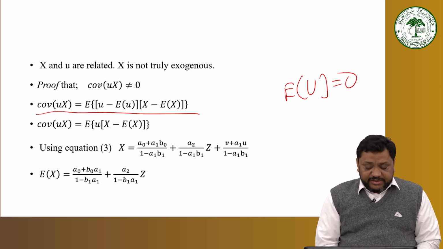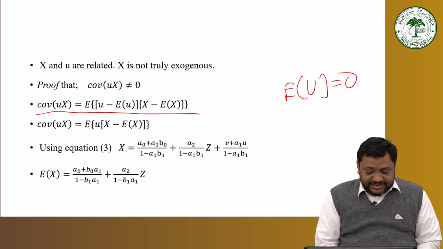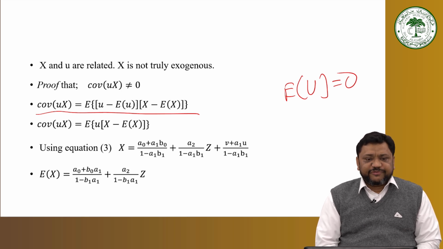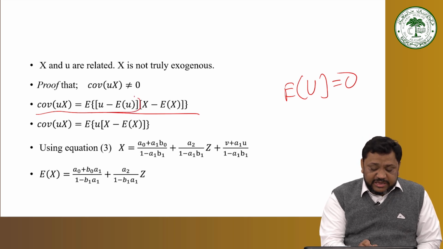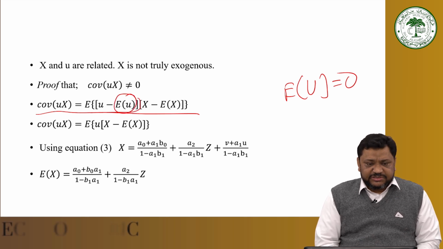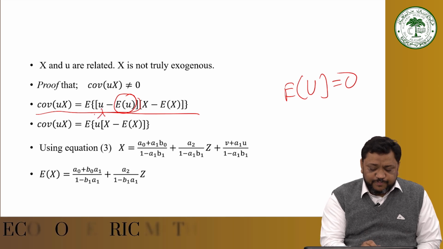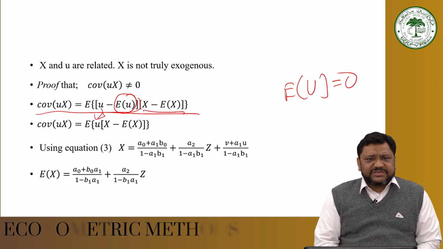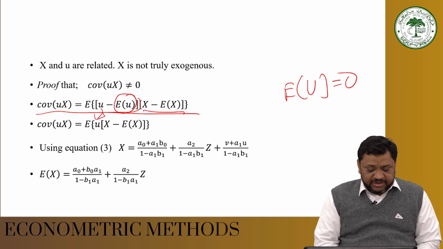So the covariance formula can be written as expected value of u times the bracket x minus expected value of x. From the first term, the expected value of u becomes 0, so what is left is only u, and the second term remains as it is, that is x minus expected value of x.